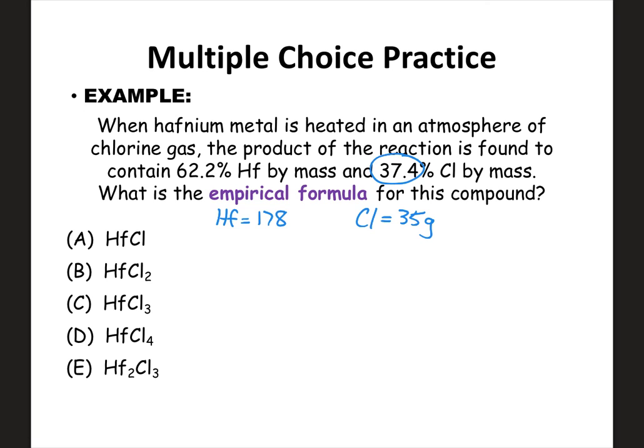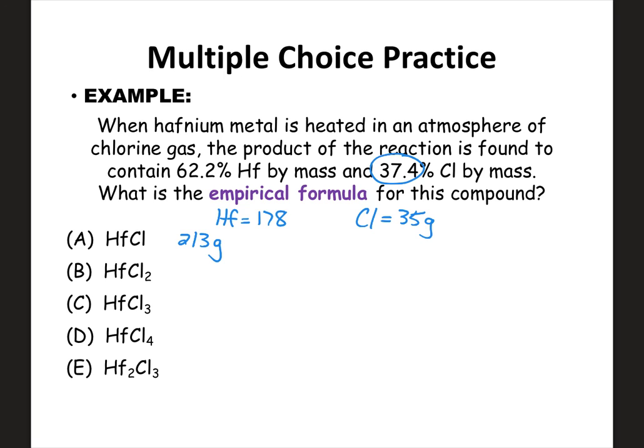So I just want to show you a few here. The first choice is HfCl. If you total this up, it's 1 Hf, 1 Cl, which comes out to a mass of about 213. If it's just HfCl, there would be 35 grams of chlorine in that 213 grams.